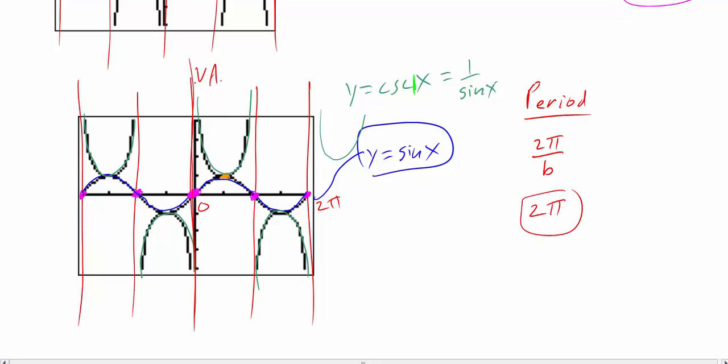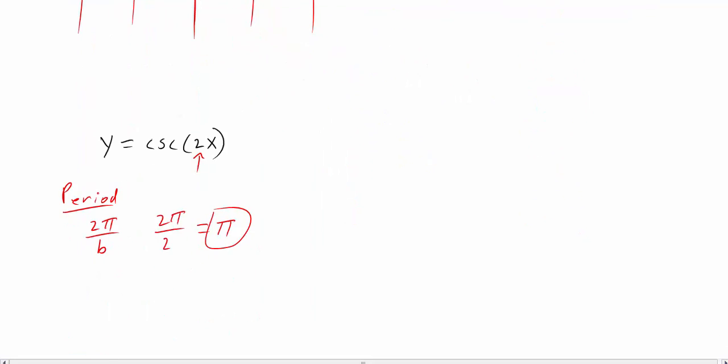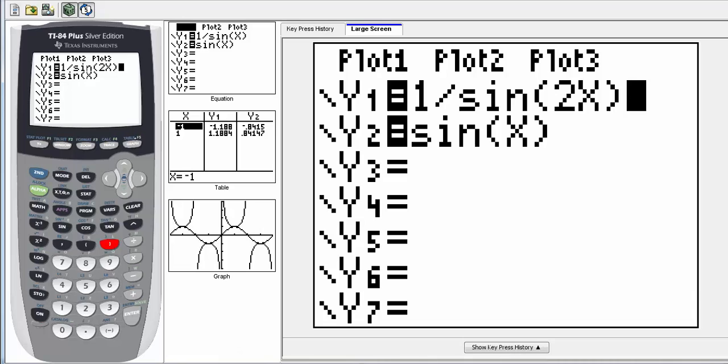So that means when we see this part of the graph here and here, instead of taking a distance of 2 pi, it's only going to go out to pi. So we should actually see the graph go up, down, and then up and down from 0 to 2 pi. So we're going to end up with 2 full periods from 0 to 2 pi, hopefully. So let's see if we did the calculations right. So 1 over sine of 2x.